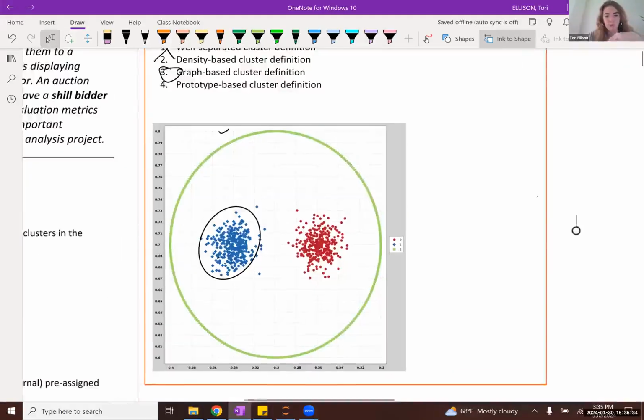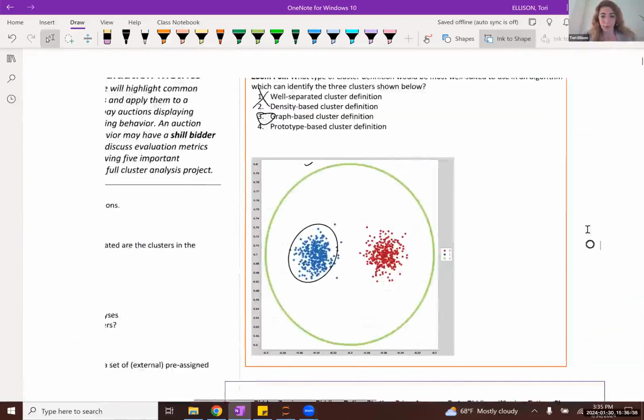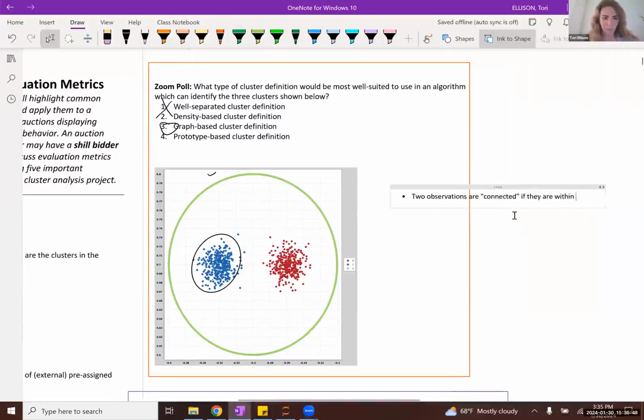So for instance, we might choose to say that two observations are connected if they are within, let's see, so how far apart are these 2 points here?